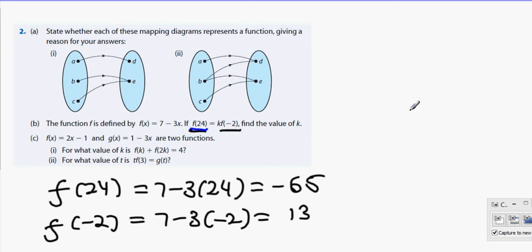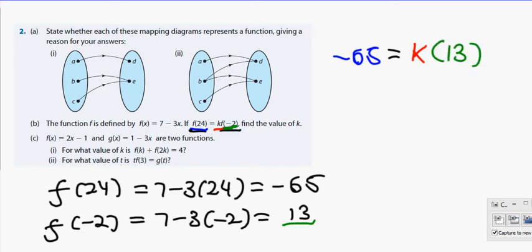Now that that's done, let's write out this question. Blue is minus 65. f of 24 is minus 65 equals, red part is k, and then the green part is f of minus 2, which we know is going to be 13.